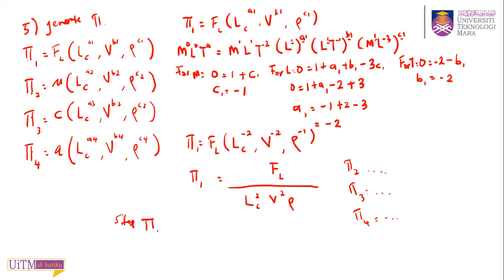Write your final pi equation as pi 1 equal to F times pi 2, pi 3, and pi 4. I leave it to you to do. Solve this pi 2, pi 3, and pi 4, and you will get your final answer for step 6. Alright, any question?